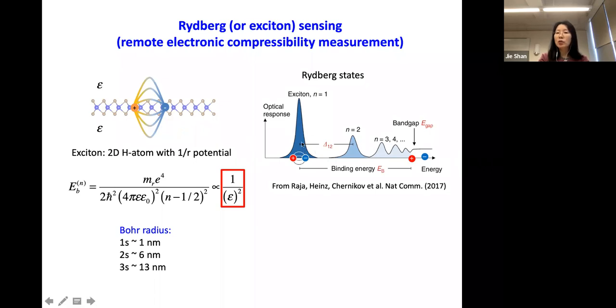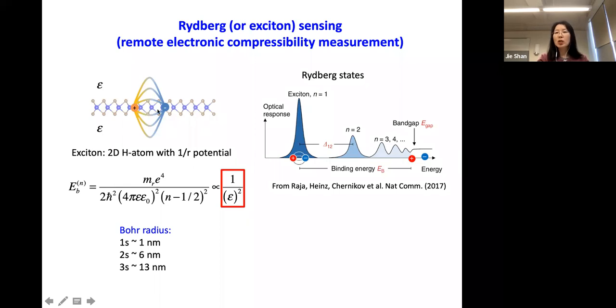And you can observe not just the fundamental exciton state, you can also observe the excited exciton states, 1s, 2s, and 3s or 4s, until at some point you hit the band edge. So that's the continuum.